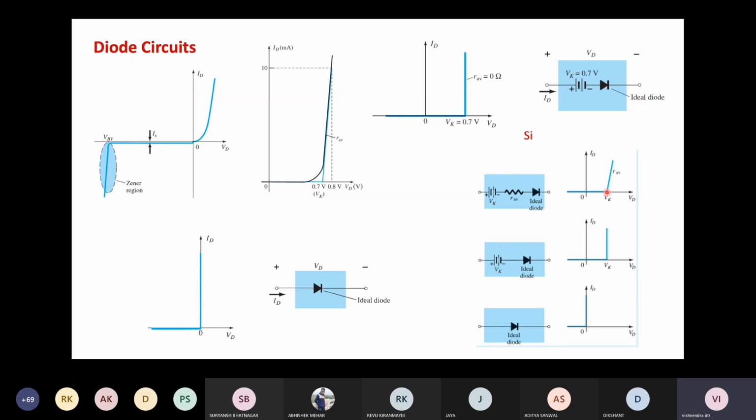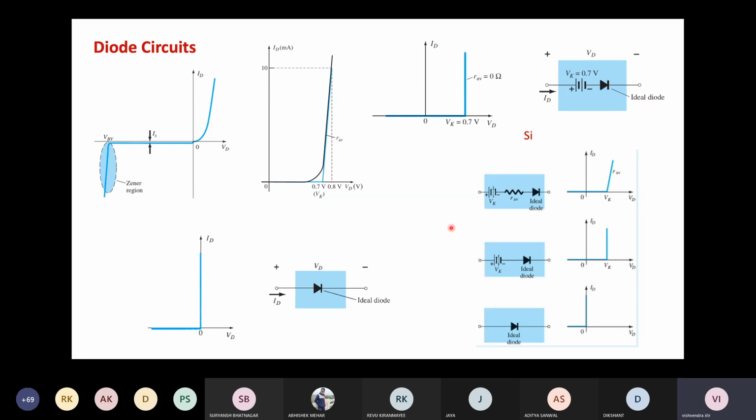In this model, the diode is assumed to be turned off for all voltages less than the cut-in voltage. As soon as the voltage reaches above the cut-in voltage, it is assumed to have linear IV characteristics with resistance R average, which is calculated from the actual characteristics of the diode.